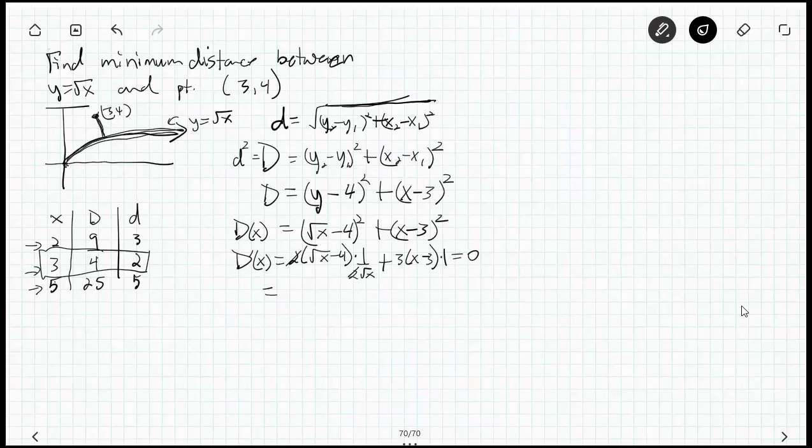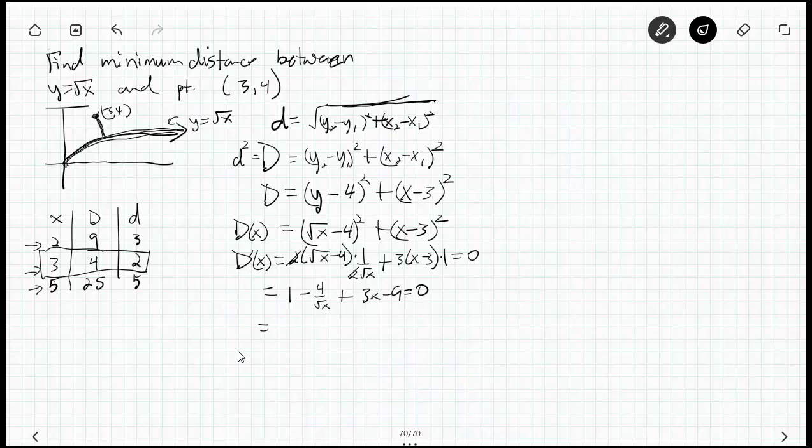Let's see, if I distribute the square root of x through, I will get 1 minus 4 over root x plus 3x minus 9 equals 0. Let's keep this and make it a little prettier.